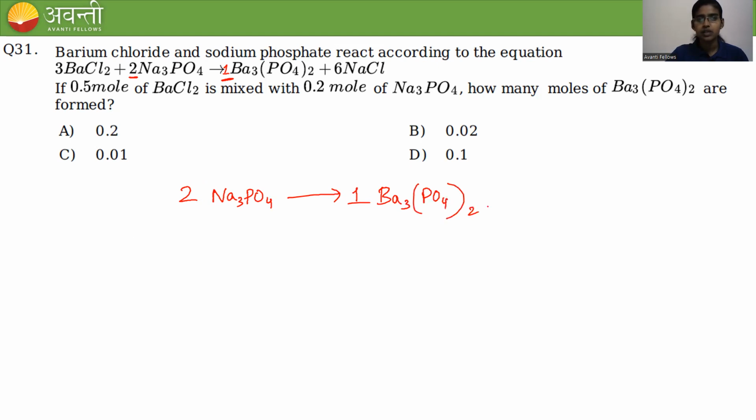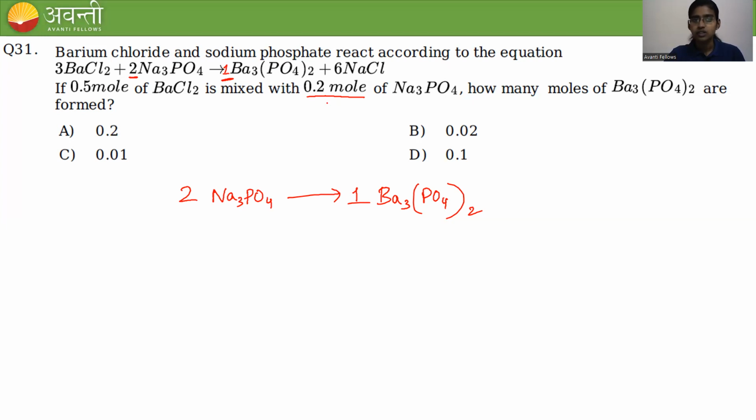Now in the question they are asking, if 0.2 mole of sodium phosphate is reacting, then how many moles of barium phosphate will be produced? So it is very clear from the equation that even though the number of moles of both barium chloride and sodium phosphate are given, we have to take the moles of sodium phosphate.